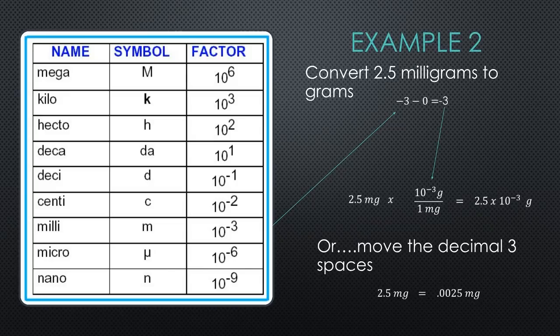If we were dealing with the number of atoms in a drop of water, for instance, there's so many there, it's like times 10 to the 21. And you don't want to necessarily move a decimal place 21 times. It's not feasible. And when you look at a number that's got 21 zeros on it, it's hard to make sense of it. So when you're dealing with something like centi or milli or kilo, it can sometimes be easier to just move a decimal place.